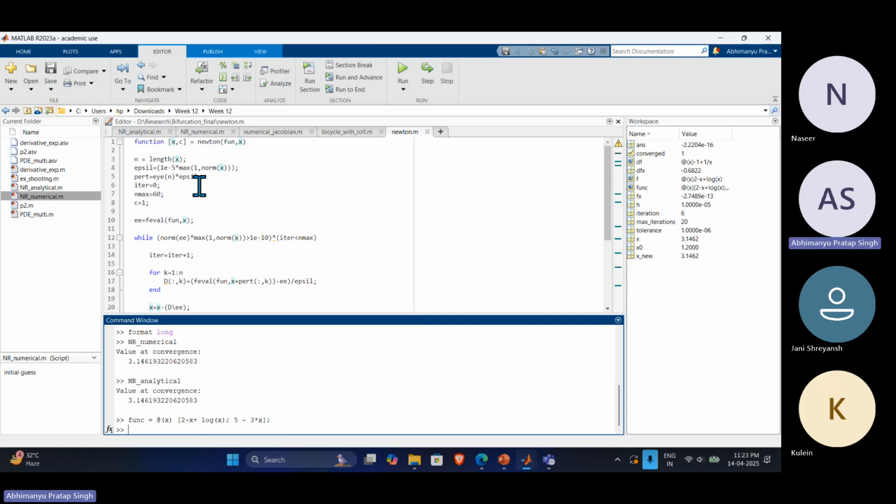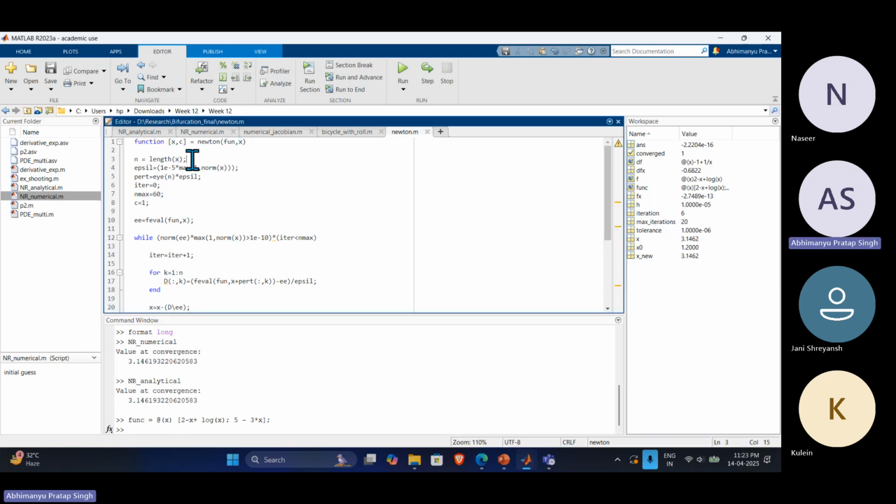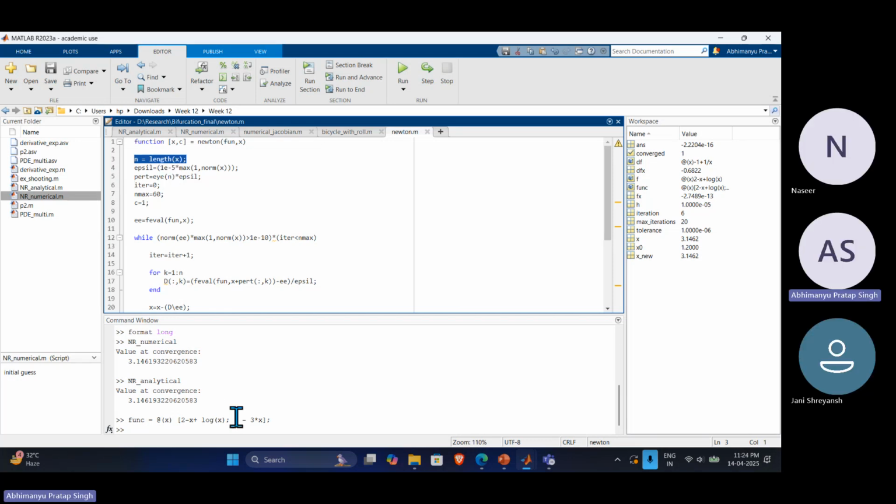So we will use this Newton-Raphson code. The first one is that I'm just calculating the size of my unknown vector. So in this case, that would be 2 cross 1.